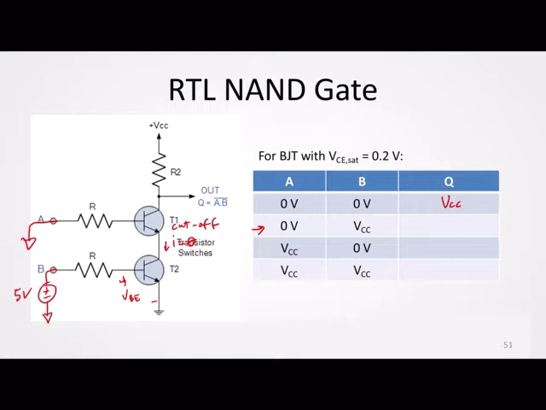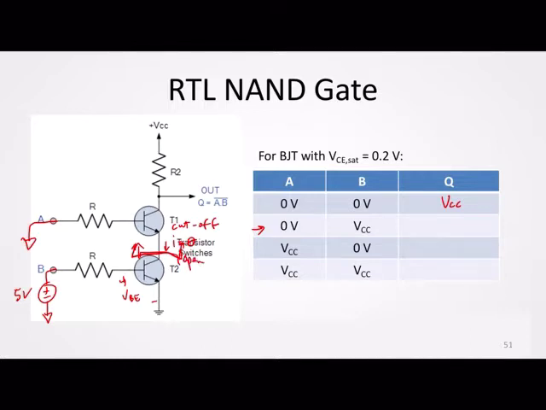Saturation is very important: there must be current through the transistor for us to represent it as 0.2 volts. So in effect, it is open, because what's above it is an open circuit.